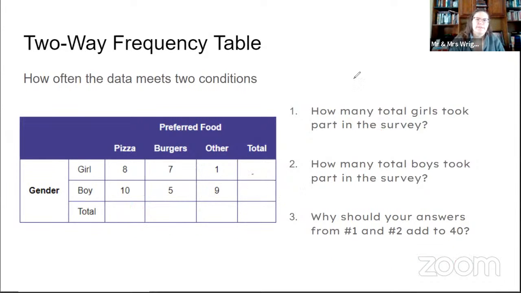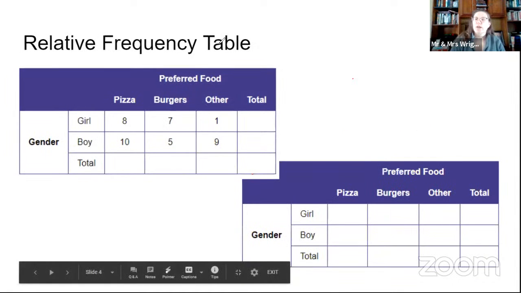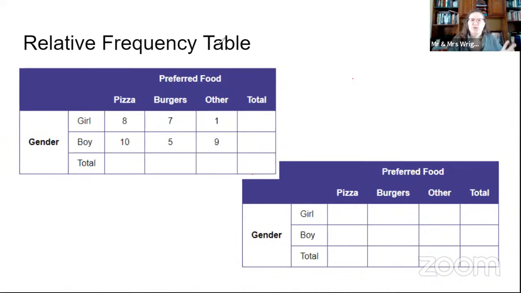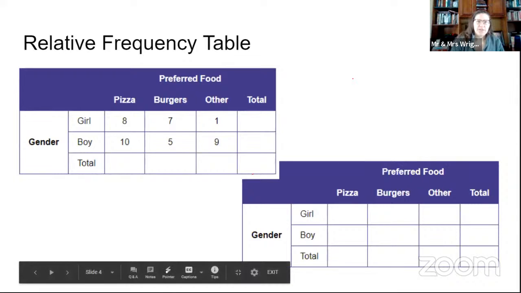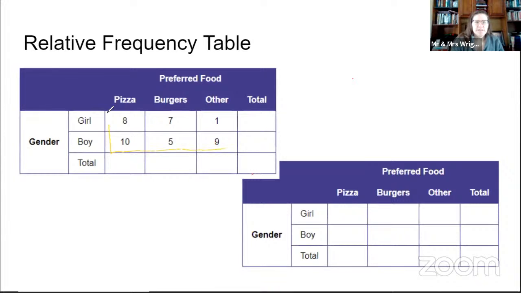All right. So then what happens is we want to get to some relative frequencies. Remember, we talked about relative frequency being the proportion of information. So a couple of things I want to review here. We have right here, this is our joint frequencies.